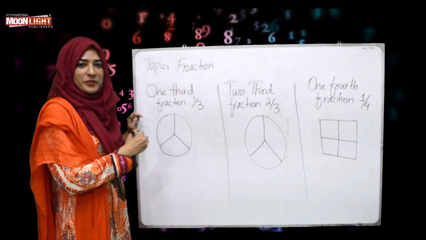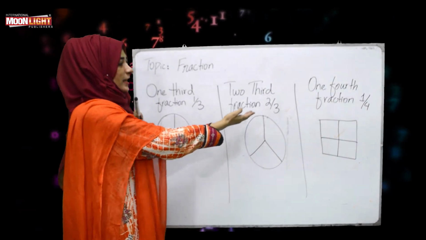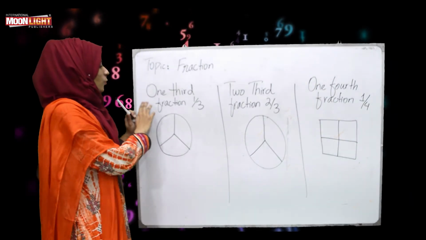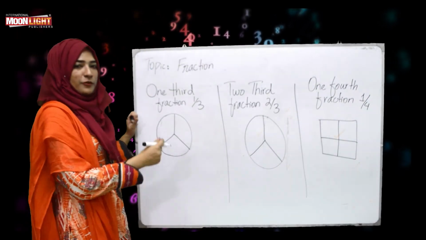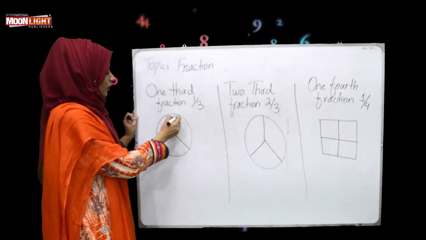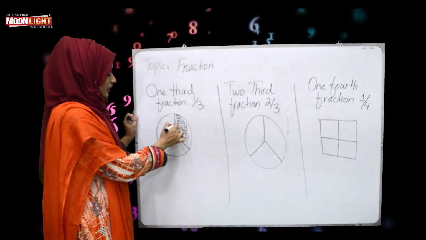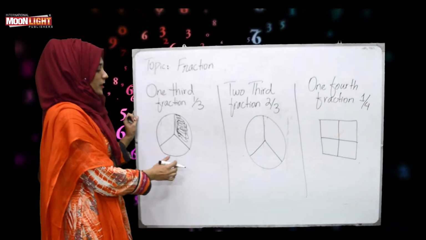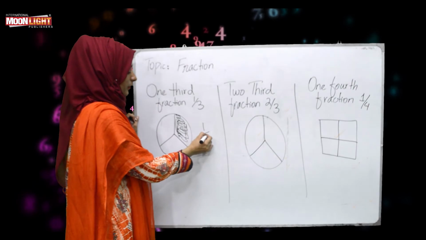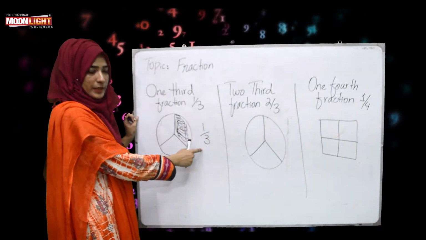Let's discuss some other fractions. There is our 1/3 fraction, 2/3 fraction, and 1/4 fraction. What is 1/3 fraction? For example, if you have a figure that has 3 parts, and you are taking one part, then we can write this fraction as 1 by 3, as we are taking one part out of 3 parts.